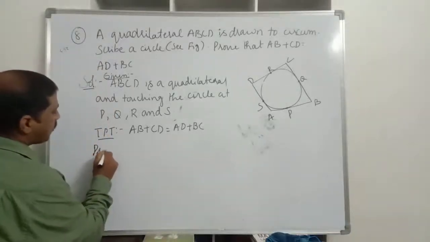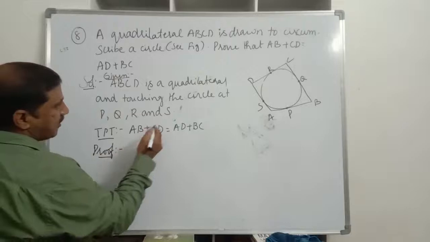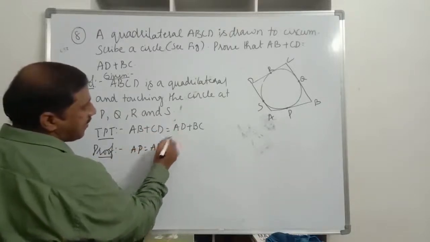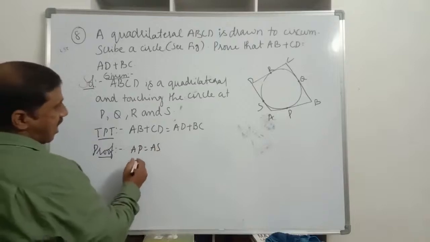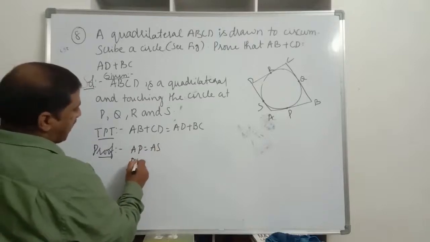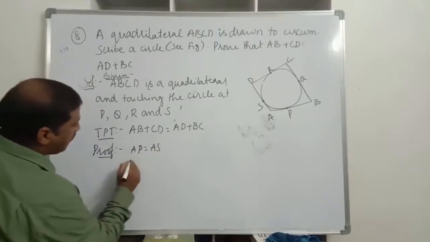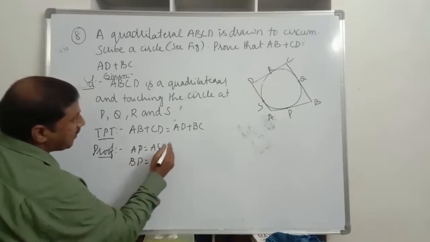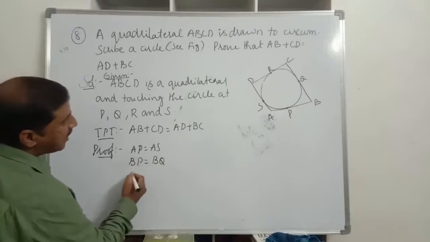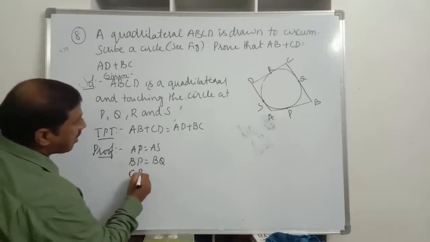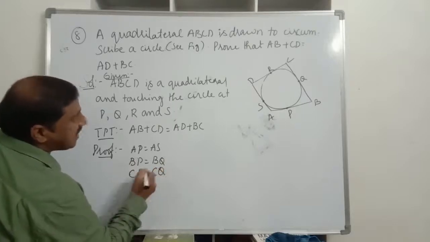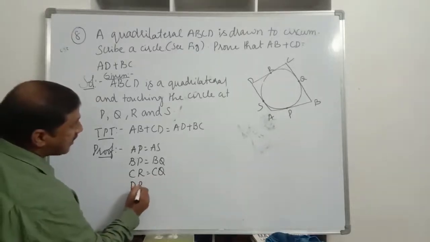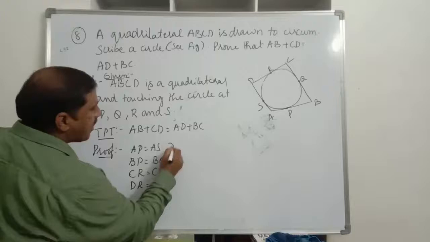So how do you prove this? Here AP is equal to AS, BP is equal to BQ, CR is equal to CQ and DR is equal to DS. How are they equal?